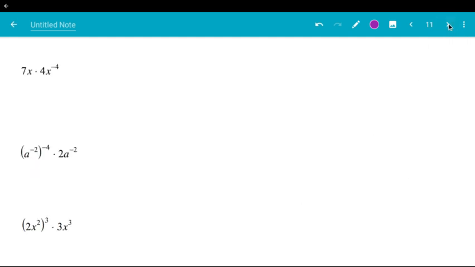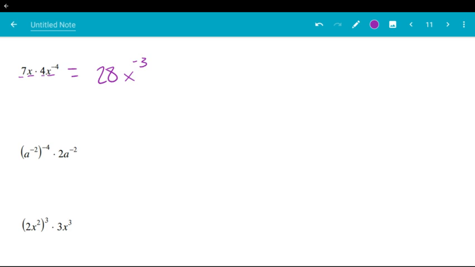So let's look at a couple of examples here. All other rules apply, though. With negative exponents, the multiplication rule applies, the division rule, the power to a power rule, all those apply. Please be careful, though. Only the x in this case is being raised to the negative fourth power. So we're going to just multiply 7 times 4 to get 28. And then we're going to apply our rule for multiplication, adding the exponents, to get x to the negative third power.